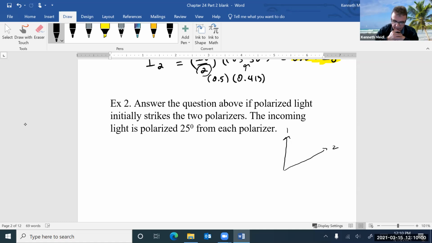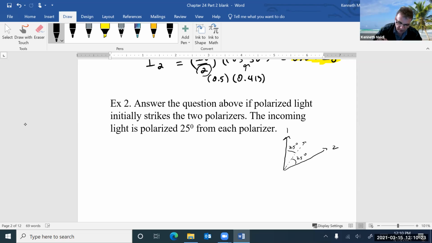Well, how can that be? How can the light and its electric field orientation be 25 degrees from each polarizer? It's got to be right in here then, right? So the incoming light has got to be 25 degrees from that polarizer, and 25 degrees from that polarizer. Because I think that's what I'm reading here, that the light is 25 degrees from each polarizer.